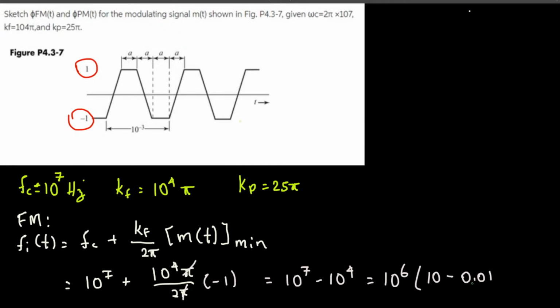Let me confirm this. So 10 to the power of 7, minus 10 to the power of 4, and if I take 10 to the power of 6, there's one 10 remaining here, and here we are missing two 10s, so that's going to be 0.01.